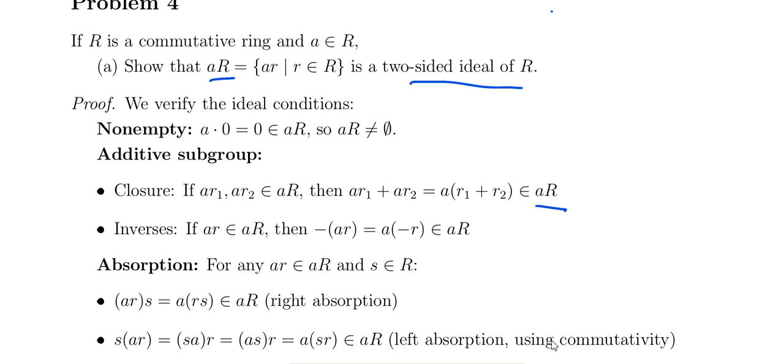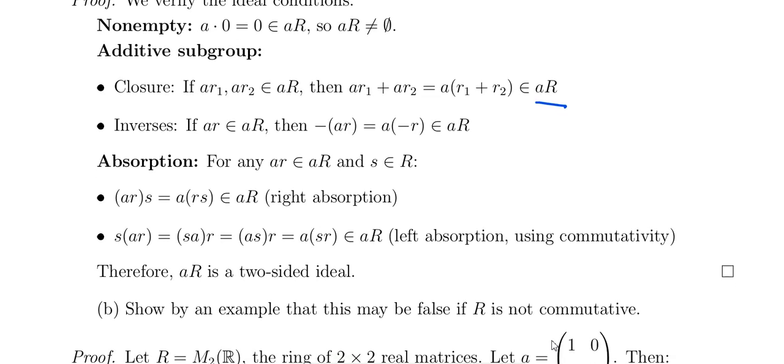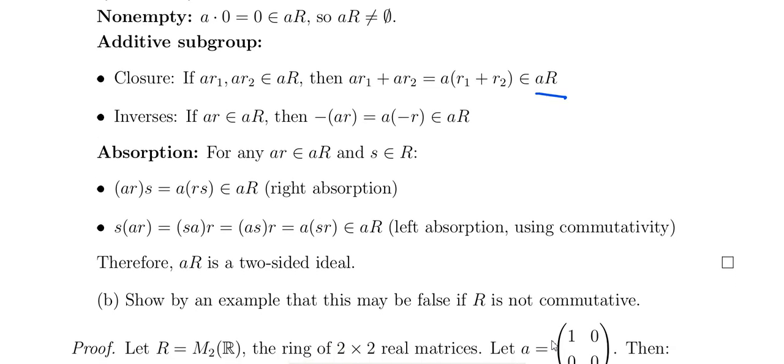Now for the absorption property: for any A r belonging to AR and s belonging to R, I will prove that A r s and s A r both belong to AR. This is the right absorption, A r into s equals A into r s, which belongs to AR.